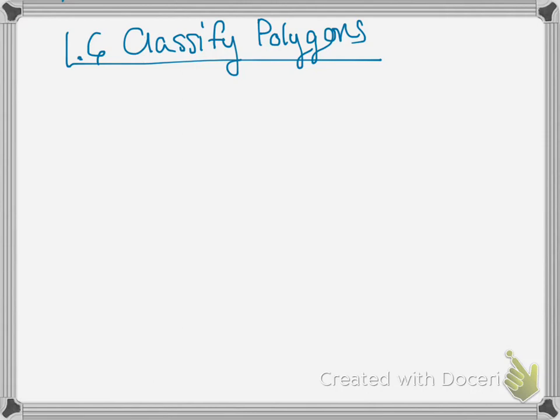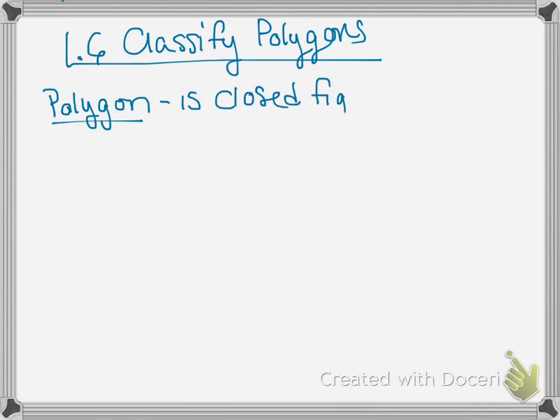So first of all, before we really get into this, we need to know what is a polygon. All right, and a polygon is a closed figure made of 3 or more segments.